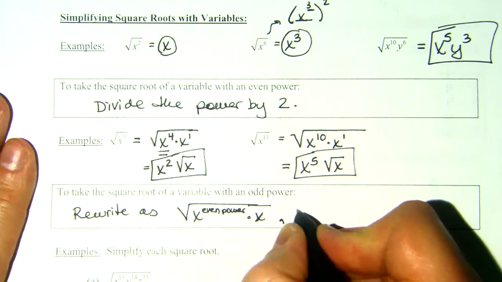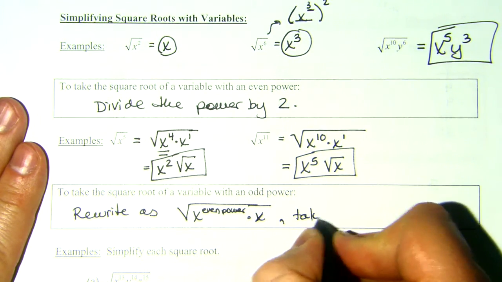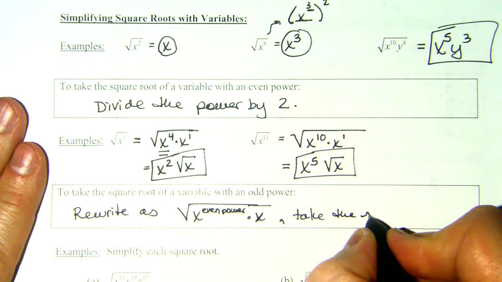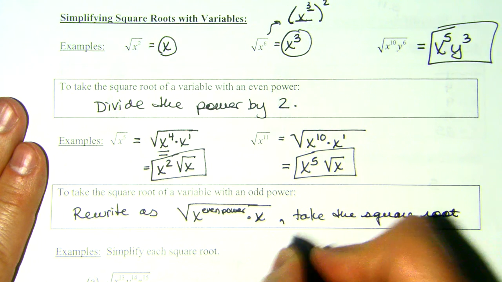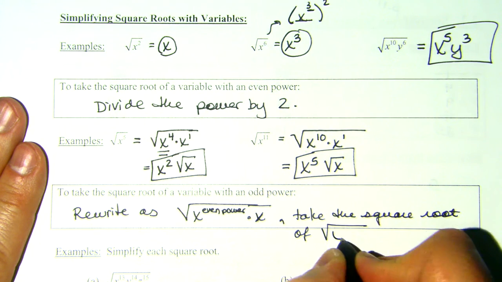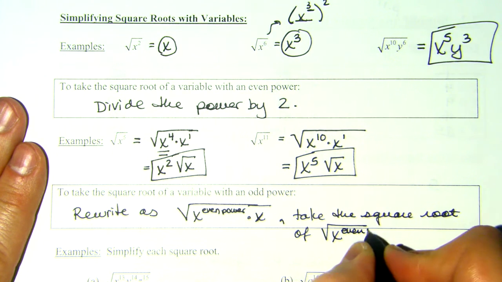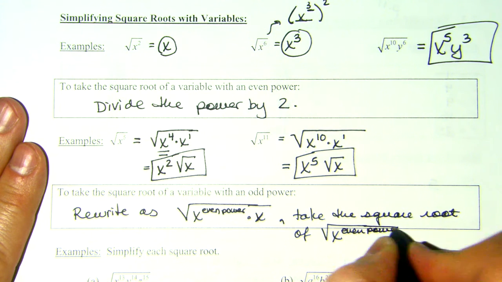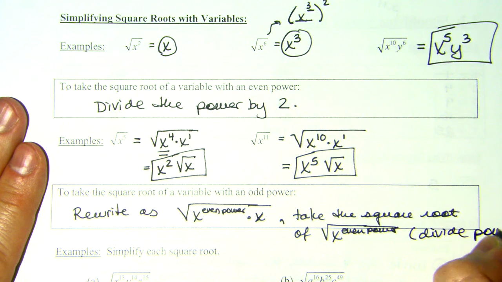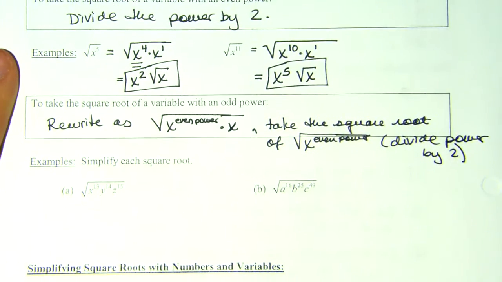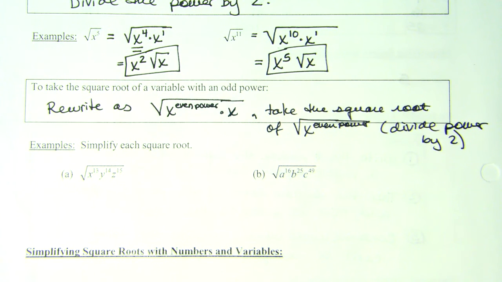And then we take the square root of x to the even power, which really just means divide the power by 2. Let's get that in the notes, and then we'll do a few examples.